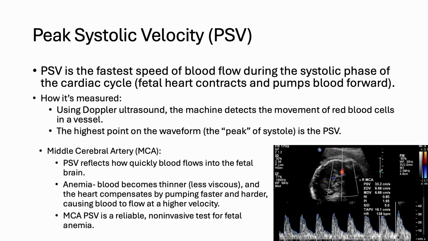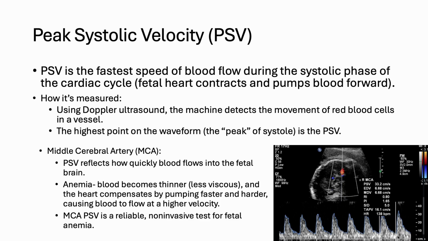So how do you think they would determine fetal anemia outside of this? Before, they could collect blood from the fetal umbilical vein, which would have to be done through the mother's womb, which obviously is a much higher risk than this test.